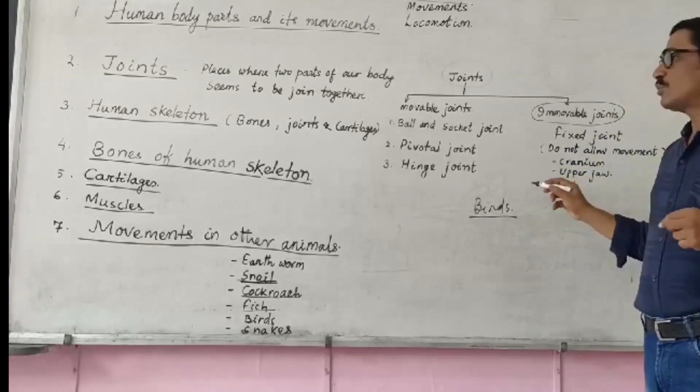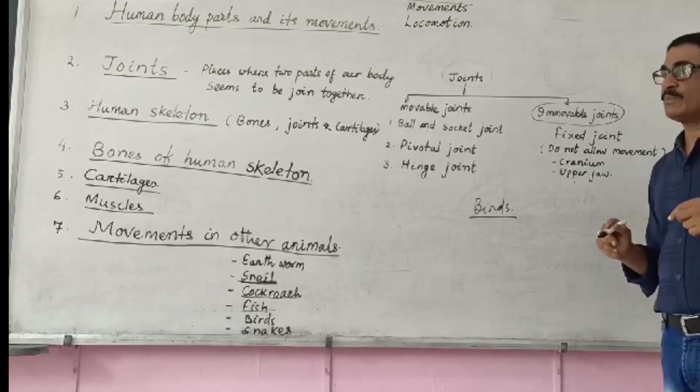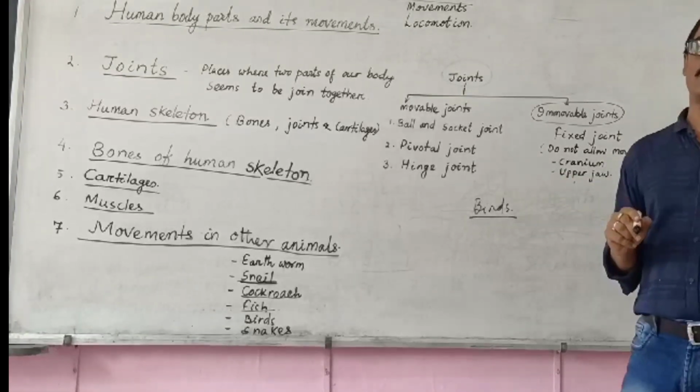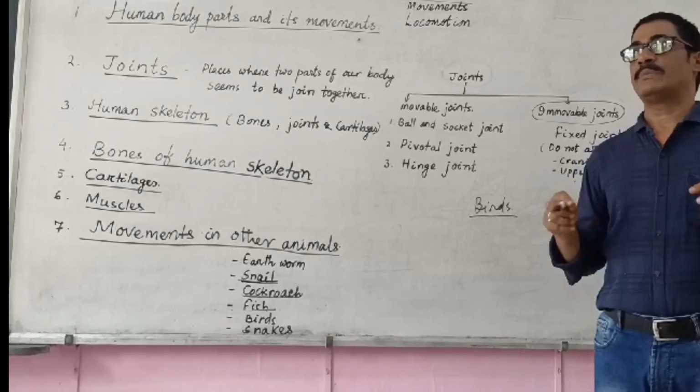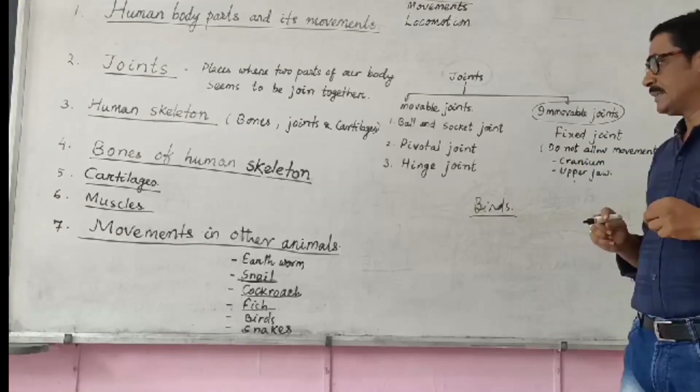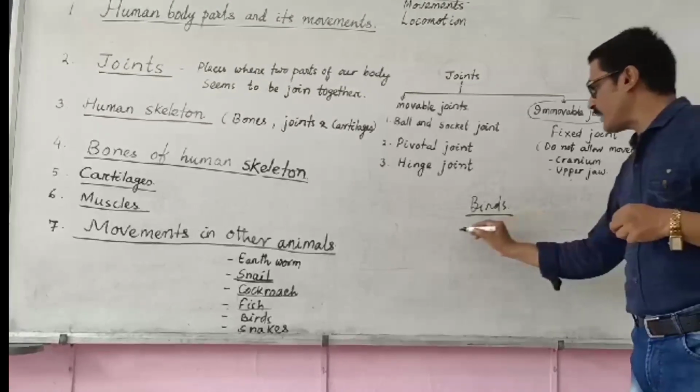But generally the birds which fly have a very light body because their bones are hollow and the body becomes lightweight. The forelimbs are modified into wings.